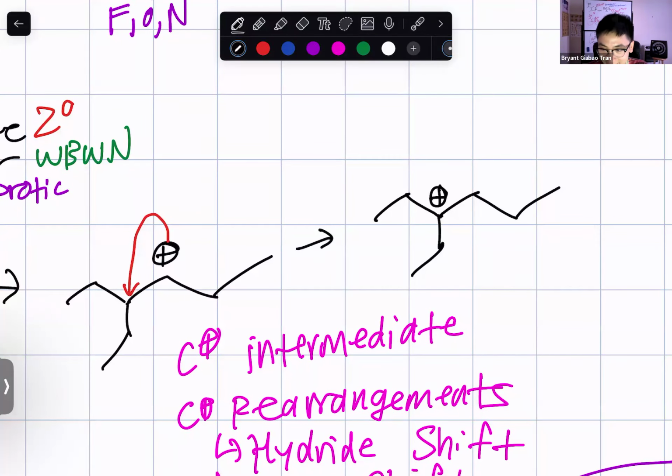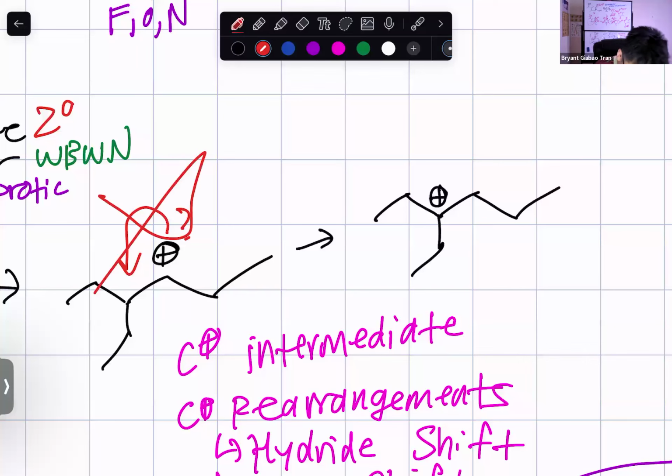The electrons could be a pair of electrons, a double bond, or a triple bond. This carbocation here has no electrons at all. So do not draw that arrow in the mechanism, right? It's an electron pushing arrow, and there are no electrons here to push. No electrons there to move. So that arrow will not happen, right?